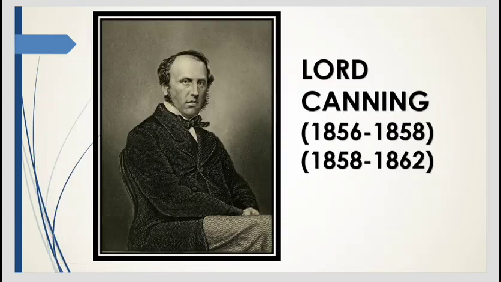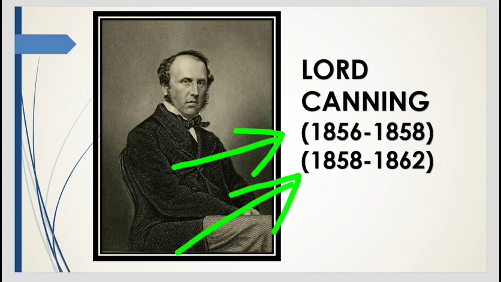Next is Lord Canning. His tenure is 1856 to 1858 and 1858 to 1862. Why am I writing his tenure in 2 brackets? Because we all know that in 1857 the Sepoy Mutiny broke out, or it is also called the First War of Independence.